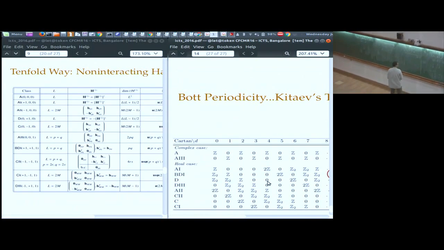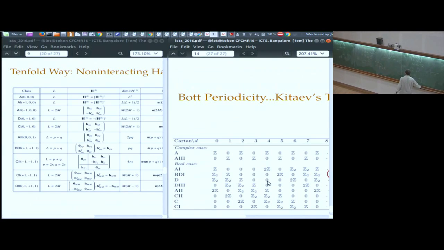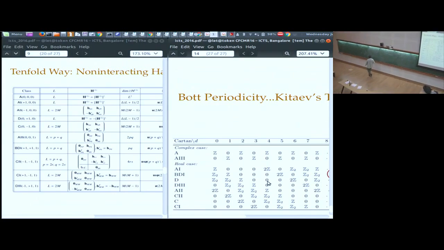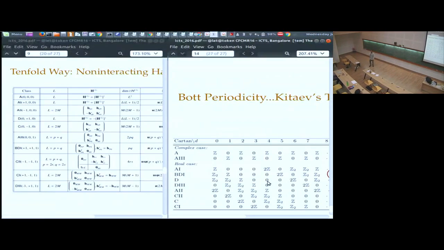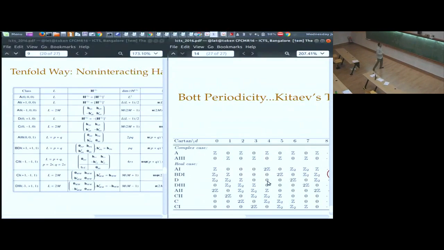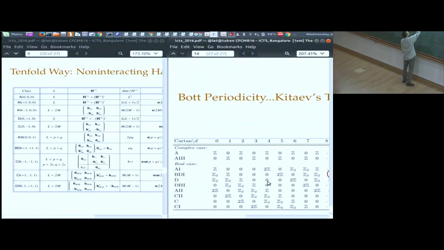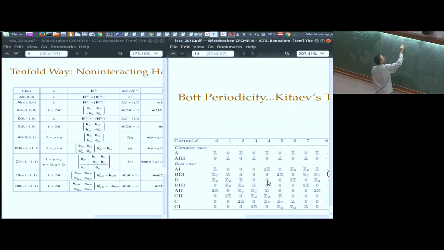So let's write out the Hamiltonian for that. Can someone tell me what the Hamiltonian for A2 is? You should be able to say this without looking at the table. The Hamiltonian for A2 is magically just this, because you know that this is spin half.